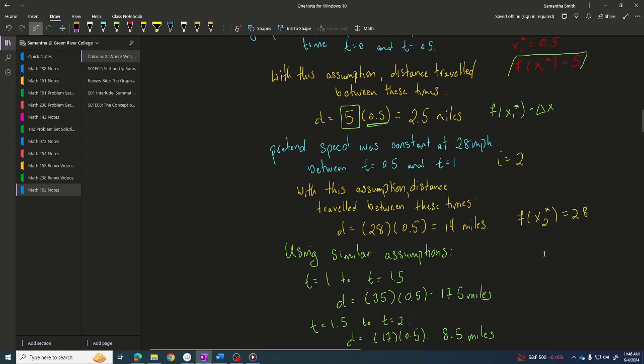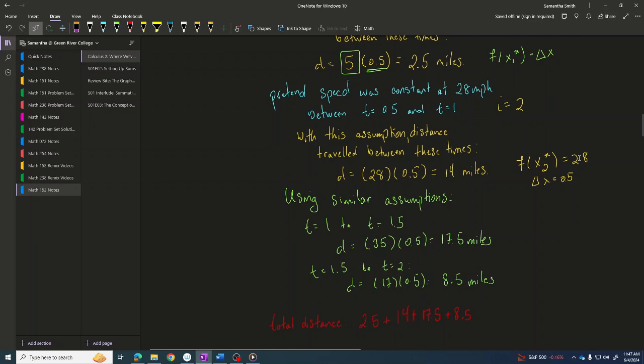We basically made a random decision about what speed we were going to choose on that second interval. The amount of time, the delta x, was still half an hour. And so once again, we see this product of 28, the rate, the speed, times the length of time. So once again, we see this product f of x2 star times delta x.